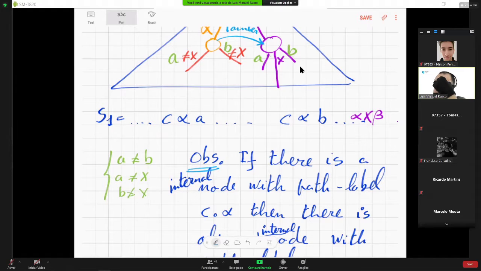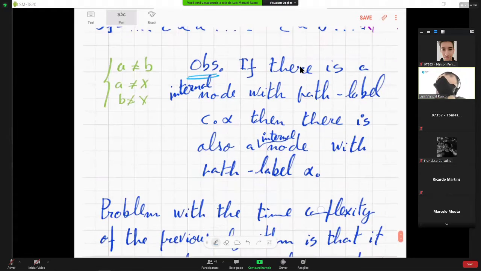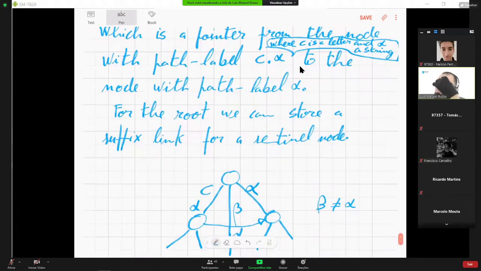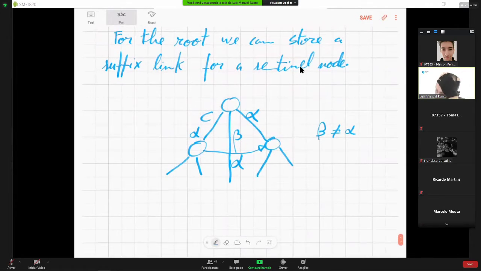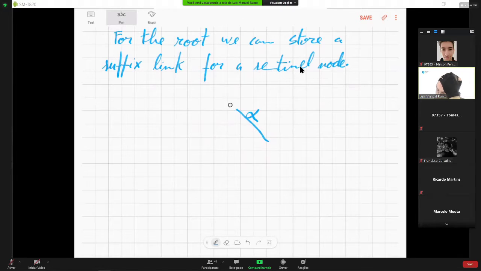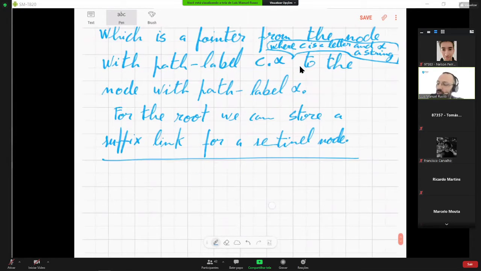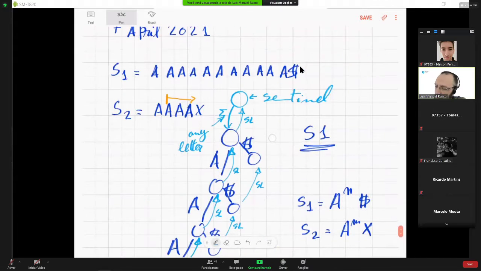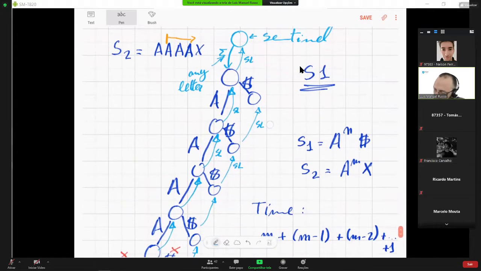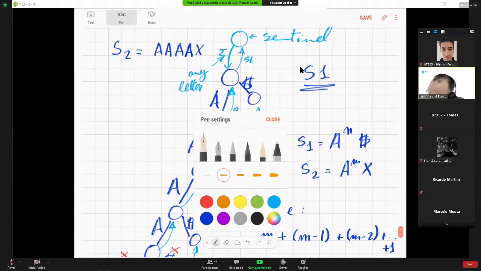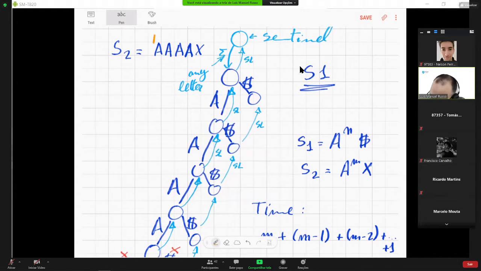So now if we have suffix links, that means that instead of starting at the root, we can simply use the suffix link that is stored on the tree, right? So here in this example, initially I would start reading the 4 A's.